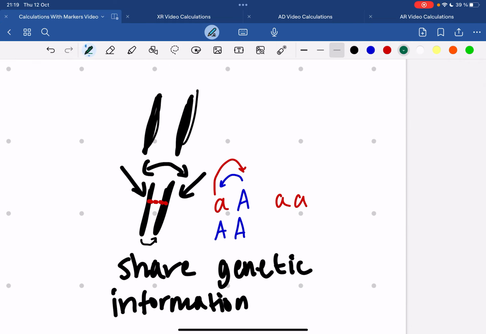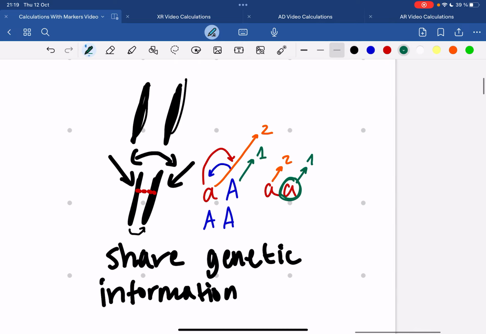So if we had a marker here that's number 1, and a marker here that's number 2, this will still be the same, even though you can see here that the pathological allele has been copied into what would normally be a non-pathological allele. It still has the healthy marker.